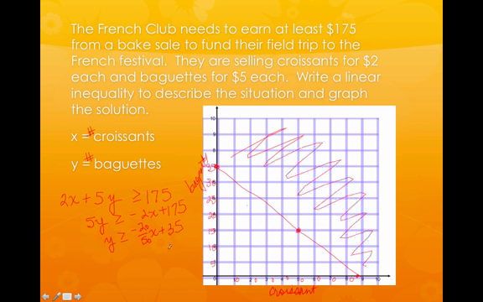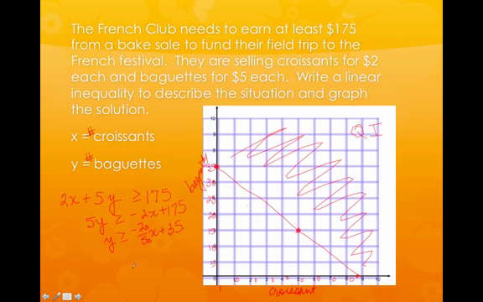Okay, the other thing I need you to take note of is this is only in quadrant 1. Why is that? Because this is a real world example, I cannot sell negative croissants or negative baguettes. So remember to be graphing only in quadrant 1. My line ended on my x-intercept and on my y-intercept.